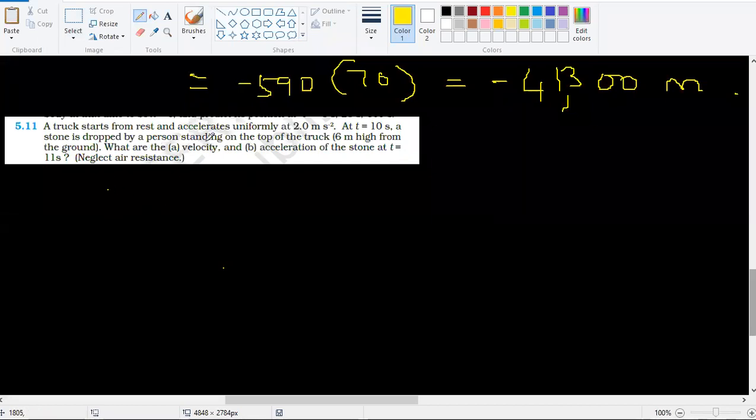The truck starts from rest and accelerates uniformly at 2 meters per second square. At time t is equal to 10 seconds, the stone is dropped by a person standing on the top of the truck.